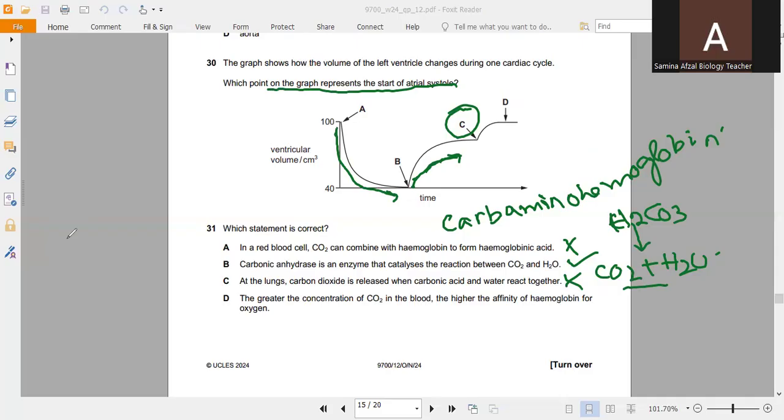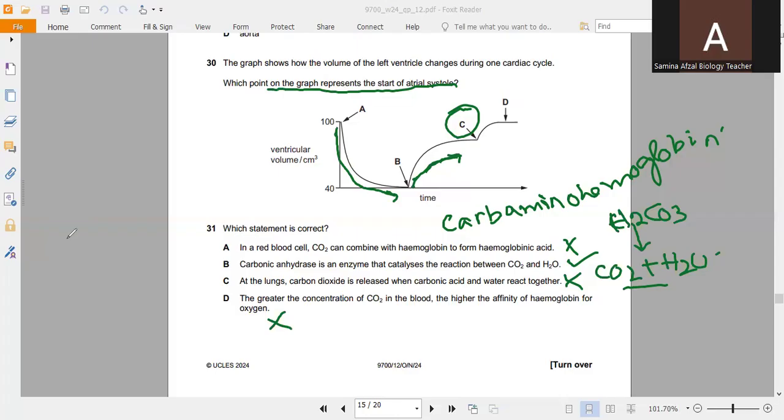The greater the concentration of carbon dioxide in the blood, the higher the affinity of hemoglobin for oxygen. Again, this statement is not correct. Why? Because when the concentration of carbon dioxide in the blood is greater, the affinity of hemoglobin with oxygen will decrease, because carbon dioxide is a harmful gas.